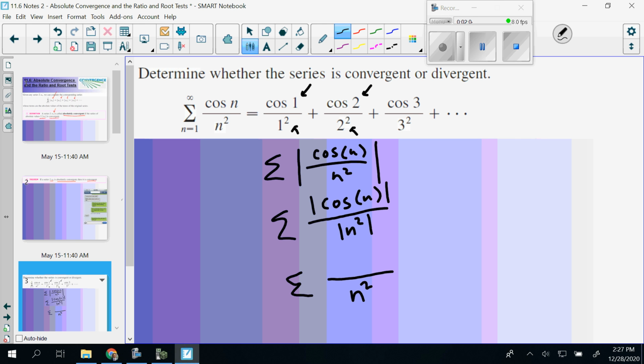What we can look at in the numerator, though, is if we take the absolute value of cosine n, we don't necessarily know what that will always equal, but we can kind of find a range of those values.